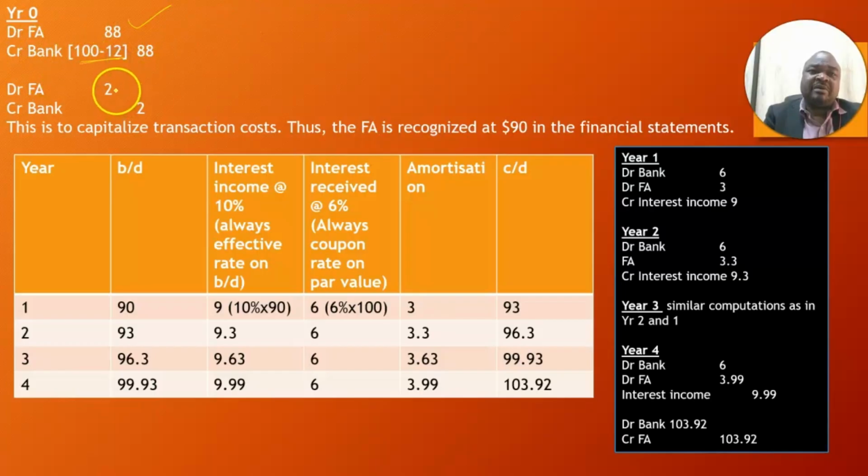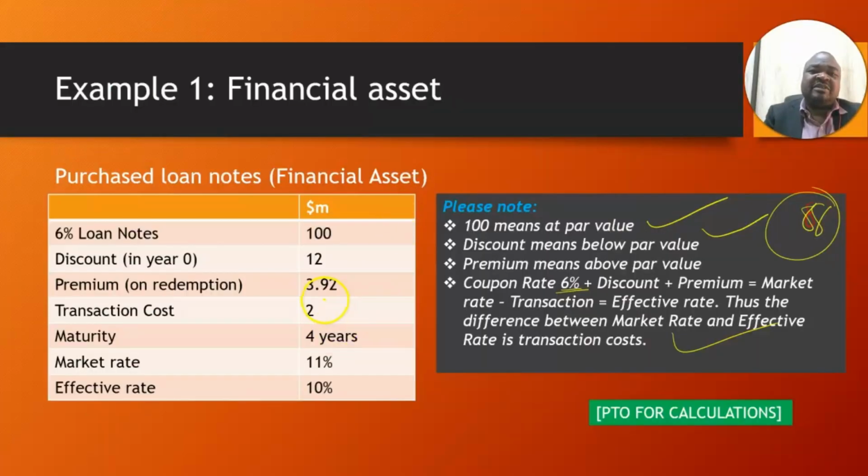We bought them cheap at a discount. So this is the only amount we had to transfer, right? And then we have to capitalize the asset by the 2 million, which is the transaction cost. Remember the transaction cost? That's the 2 million.